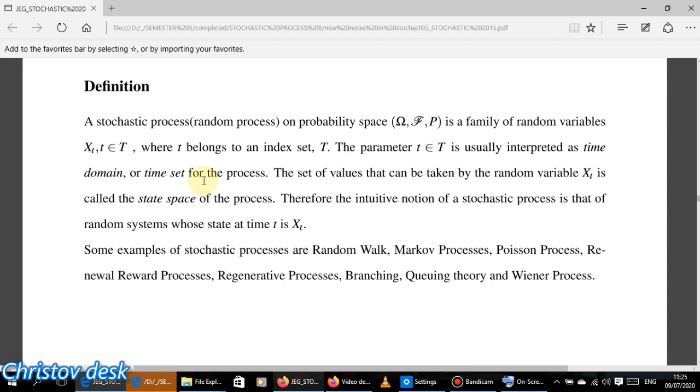So the intuitive notion of a stochastic process is that of a random system whose state at time t is S_t. Some examples of stochastic processes are random walk, Markov processes, Poisson processes, renewal reward processes, regenerative processes, branching, queuing theory, and Wiener processes. These are all examples of stochastic processes.